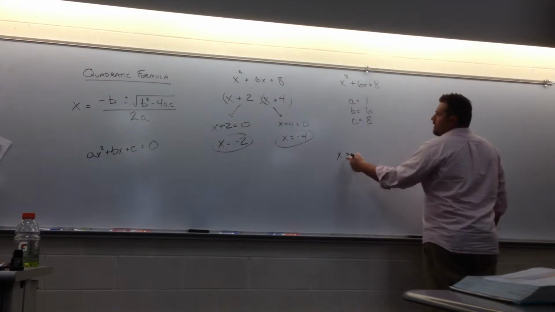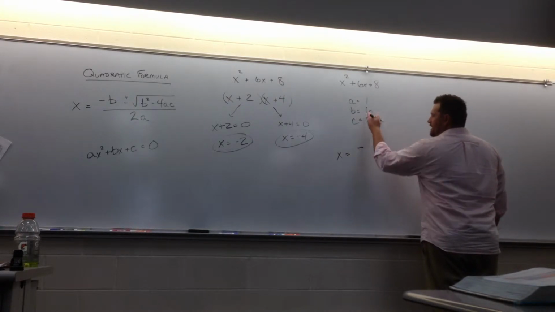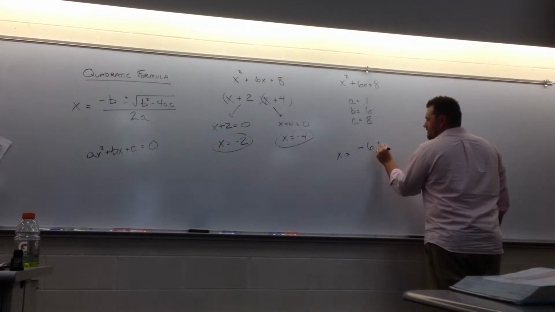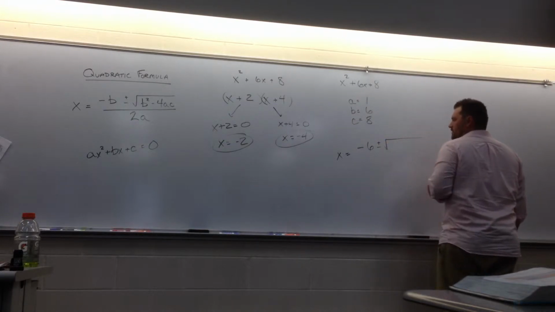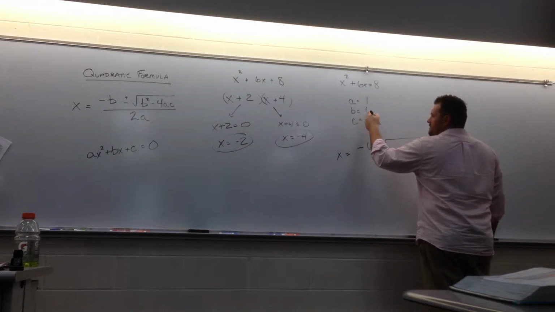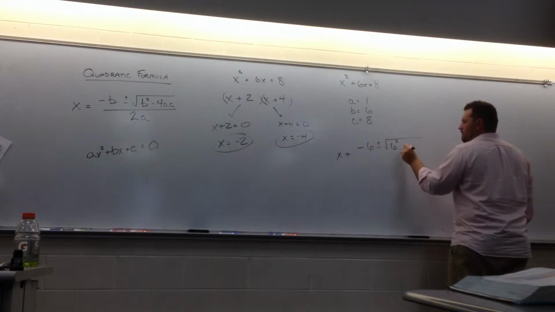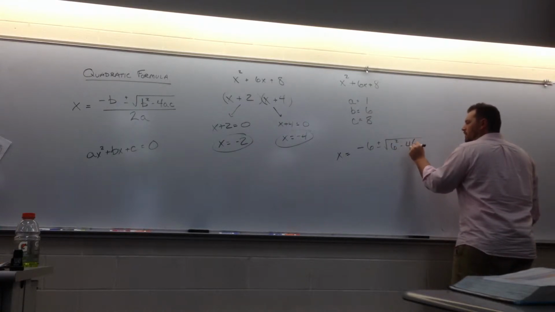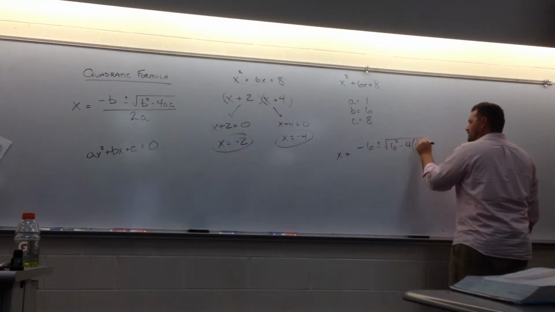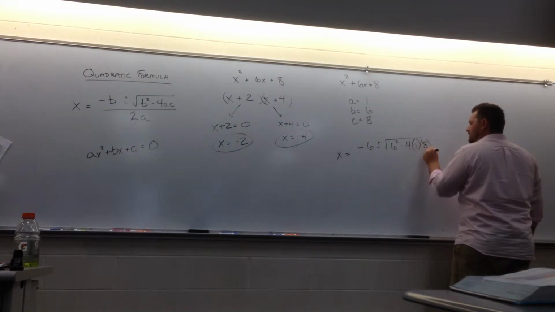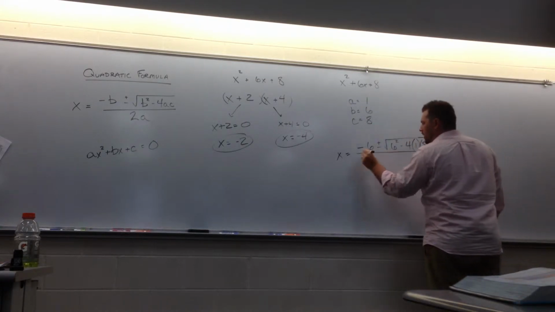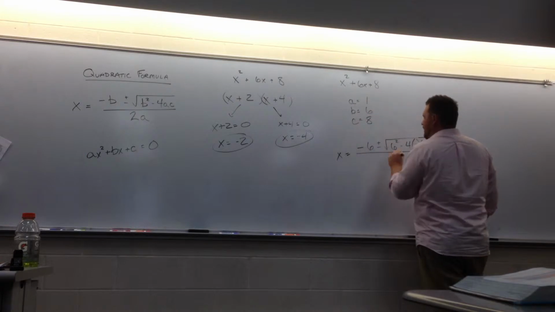So, negative b plus or minus the square root of b squared, so 6 squared, minus 4 times a times c, all over 2a.